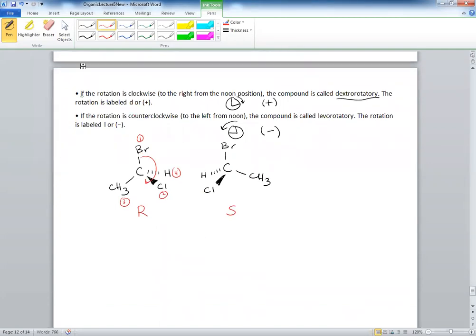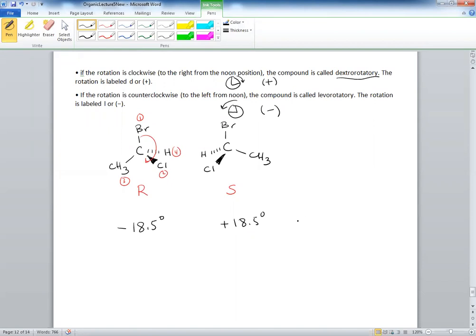The one thing you need to realize is that if this one rotates plane polarized light at an angle of, let's say, negative 18.5 degrees, this one will be positive 18.5 degrees.